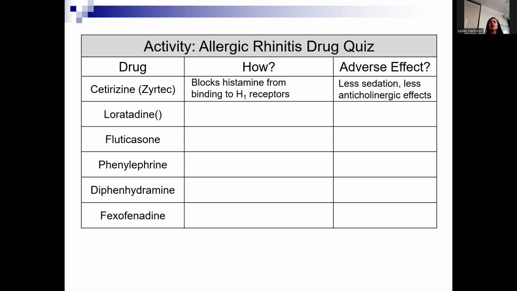So here's a chart, this is just to help you guys with studying the drugs. So you have your drug here. The how is like the mechanism of action, and then any adverse effects. So fortunately for you, the main adverse effects for a lot of these are dry mouth or maybe localized stinging and burning. There might have been a few other things here and there, but those are the main things.